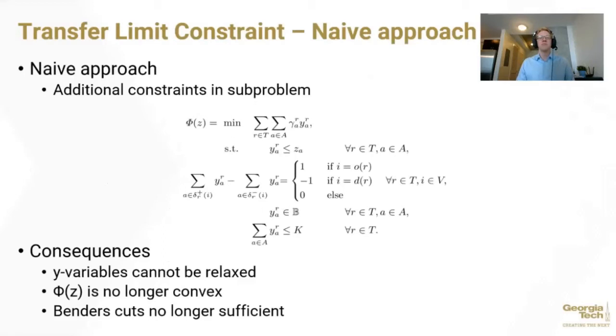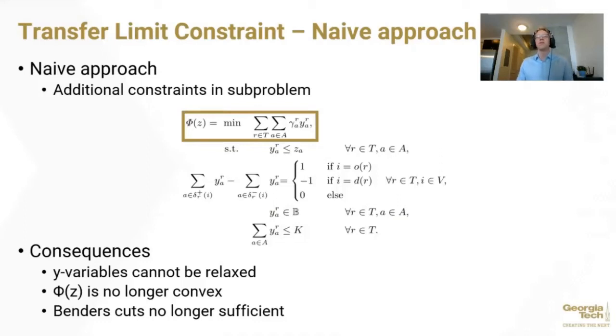However, this has some negative consequences that we would have to deal with. First of all, these variables can no longer be relaxed. They can no longer be continuous because the shortest path problem with side constraints is no longer totally unimodular. Well, that also means that this value function phi z is now suddenly not convex anymore.